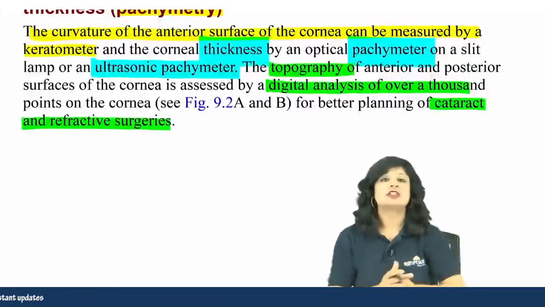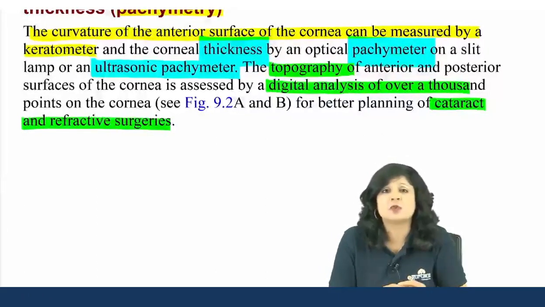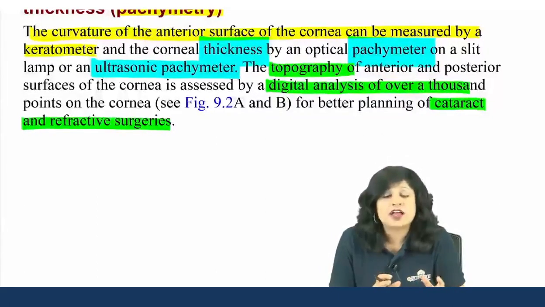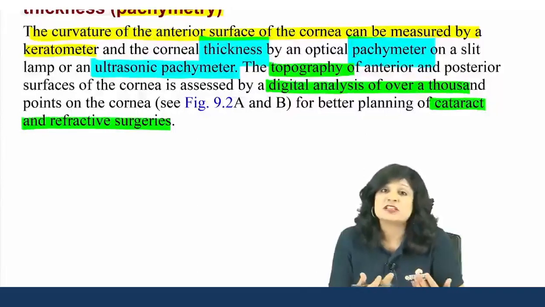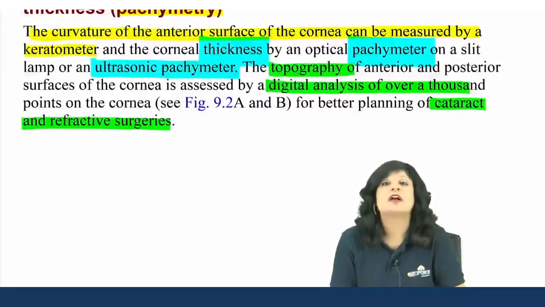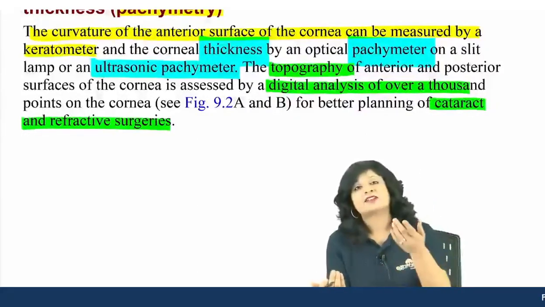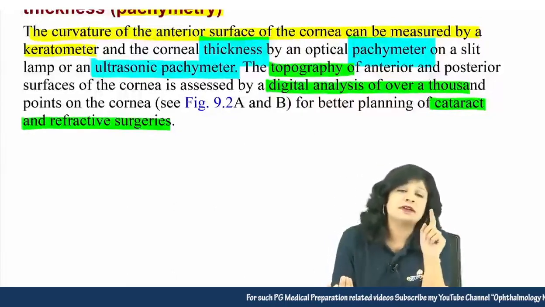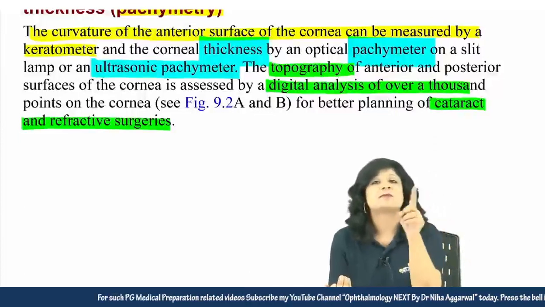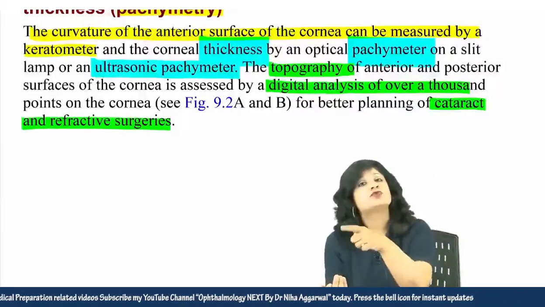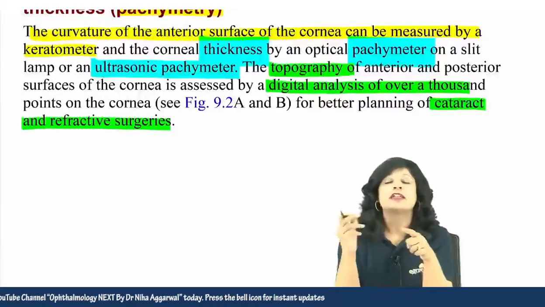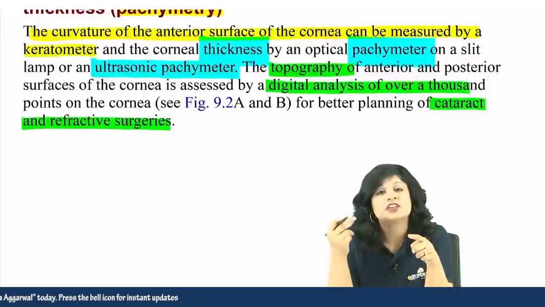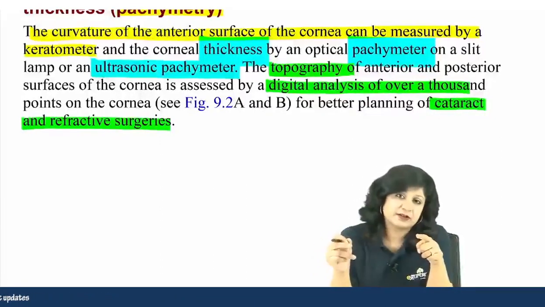The corneal surface is especially important when doing refractive surgeries, because refraction is affected by the surface of the cornea. Then when planning cataract surgery, the final outcome is also dependent upon astigmatism. Astigmatism depends upon the corneal sutures, and corneal sutures change the corneal surface. So again, these are surgeries definitely affected by the surface of the cornea.